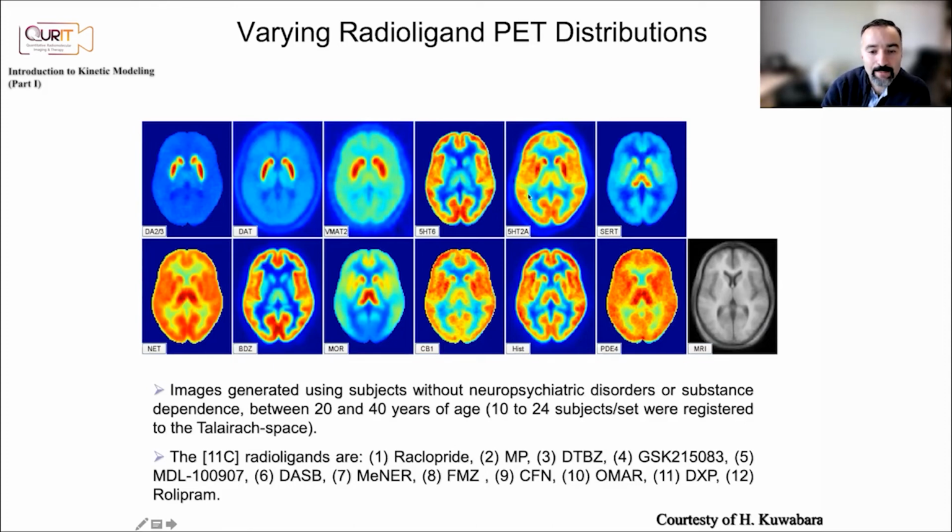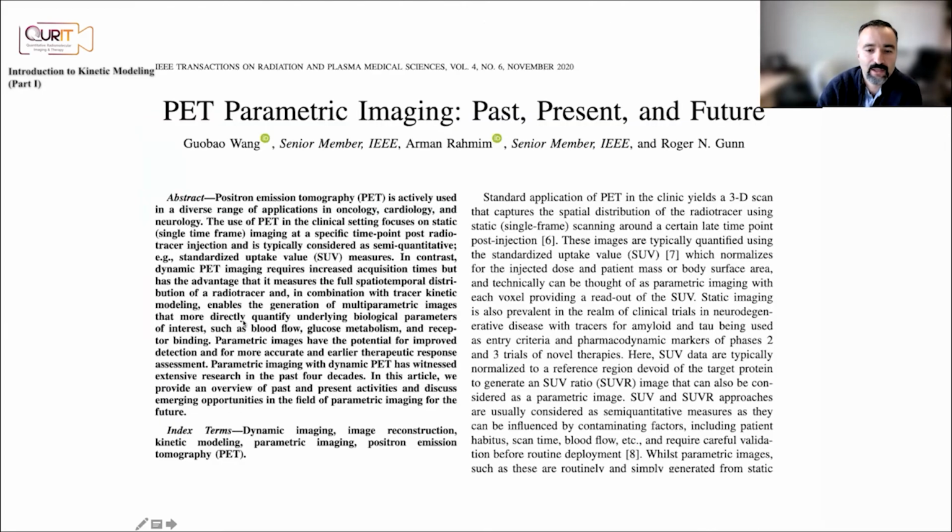These are parametric images that have been averaged over multiple patients, all registered to the same space, just to show you the feel of these kinds of parametric images. Some could be a parametric image of binding potential, some could be distribution volume. The point is that parametric imaging can be quite powerful.